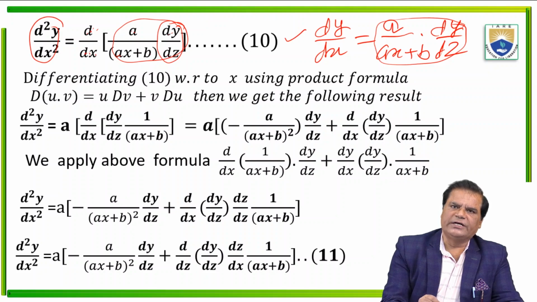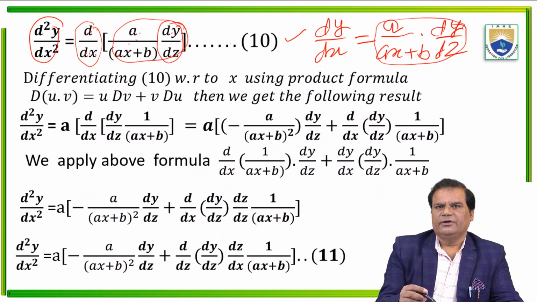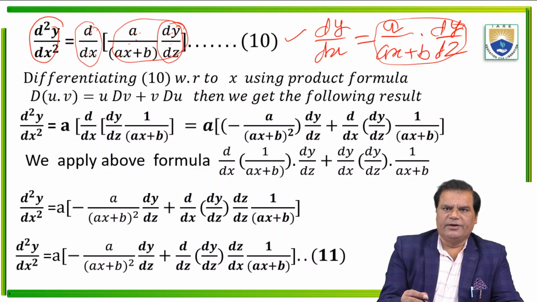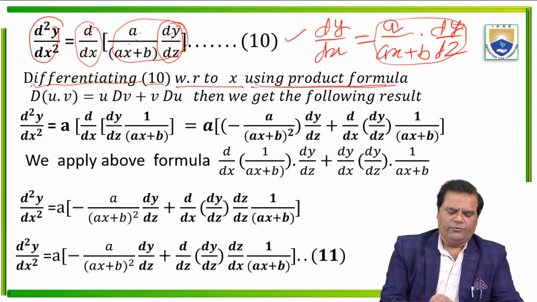Here there are two functions of x, a upon ax plus b and dy over dz, and we are differentiating with respect to x. So we apply the product formula in equation 10, since both functions are multiplied.